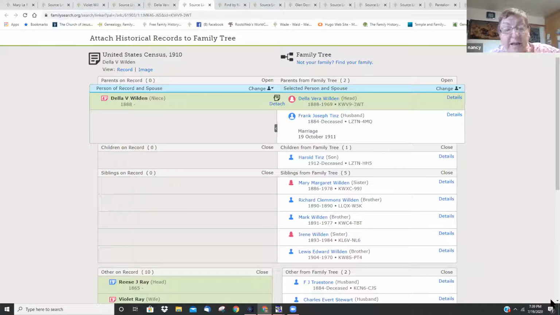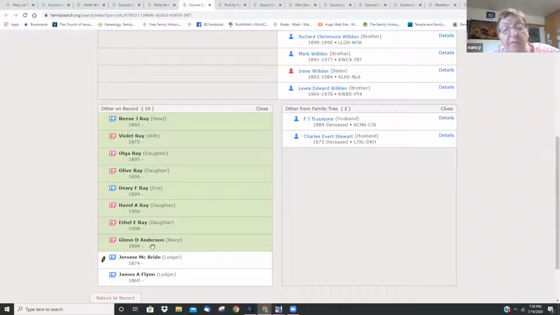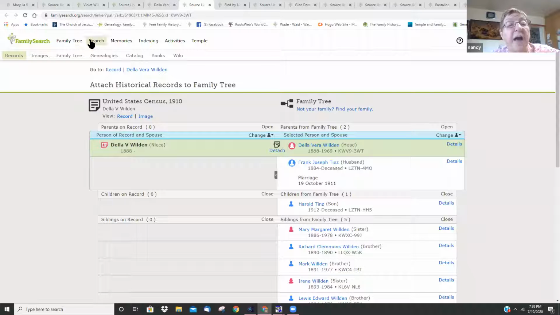So in order to figure out who Glenn is, I'm going to have to search for Glenn in that same census. So I can go back to the records. I can do Family Tree, and up here I'm doing the search part of Family Search, not the tree part of Family Search. That would be the tree part.